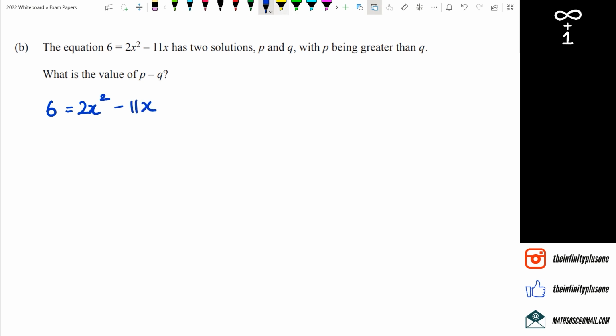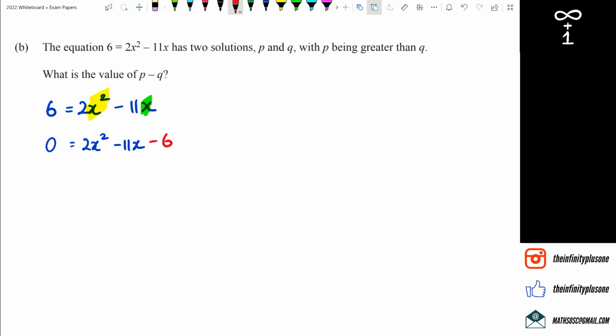The first thing to notice is that you've got an x squared and an x, and whenever you see that, you should recognize this is a quadratic, which means one of the sides has to equal 0. So I'm going to keep the left-hand side equal to 0, which gives 2x squared minus 11x, and because the 6 moves to the right-hand side, it changes sign and becomes minus 6. So this is my initial quadratic equation.